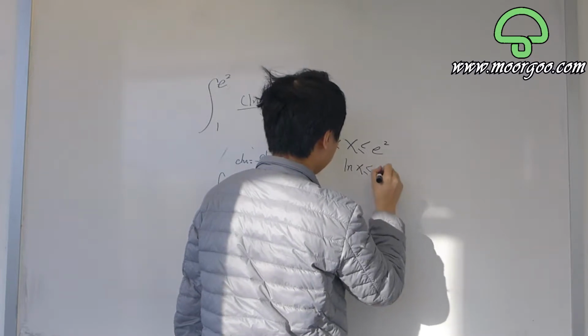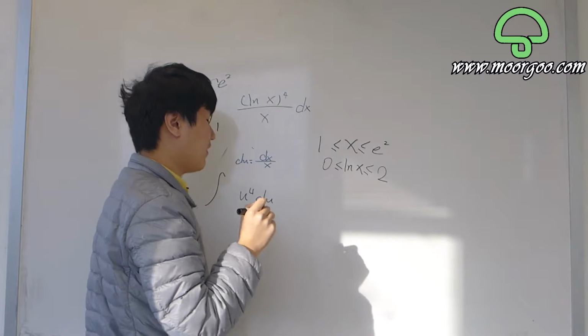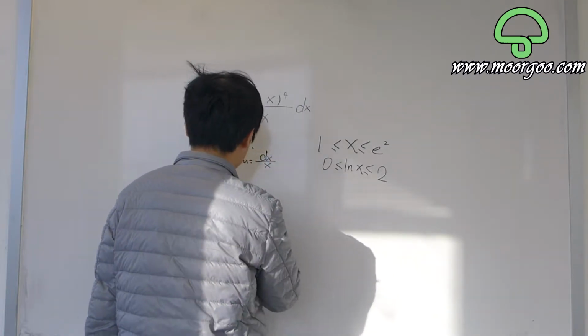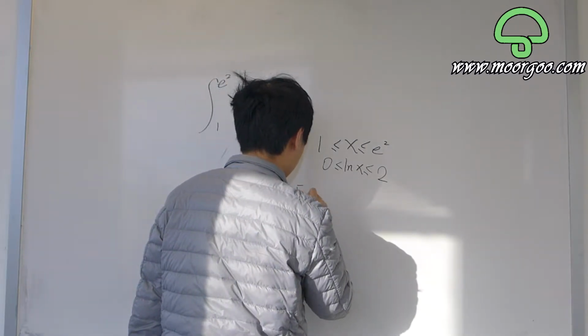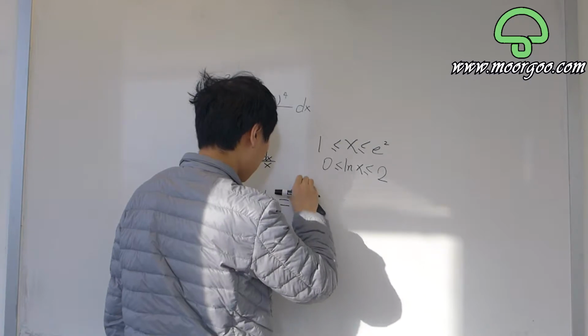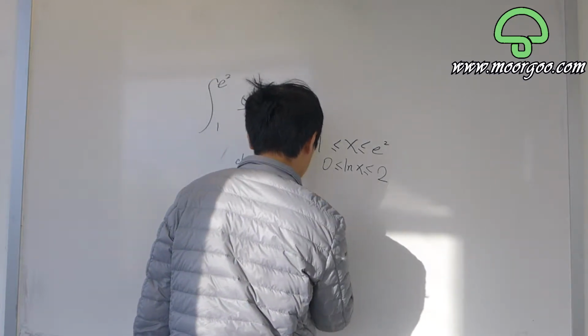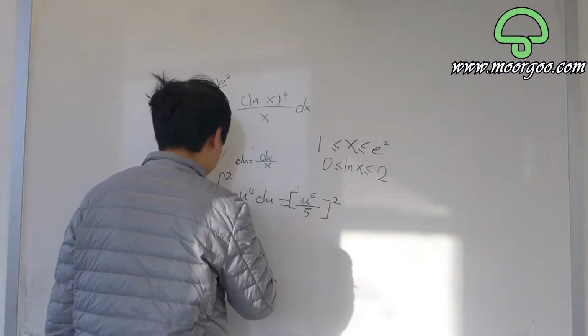Here is 2 by definition, and here is 0 because the log of 1 is always 0. Now this is easy.